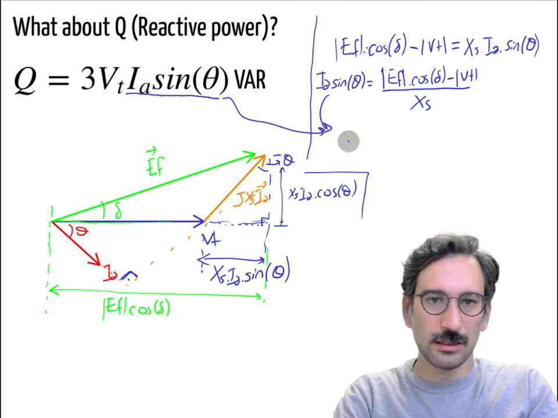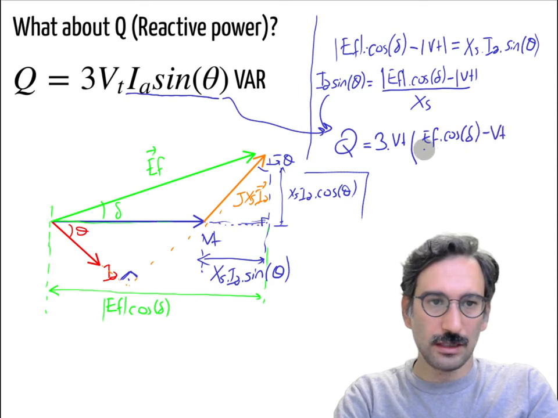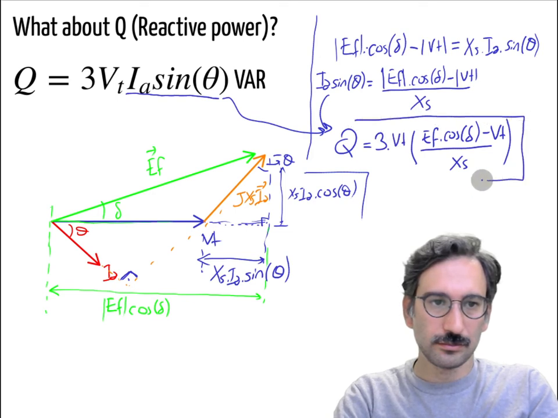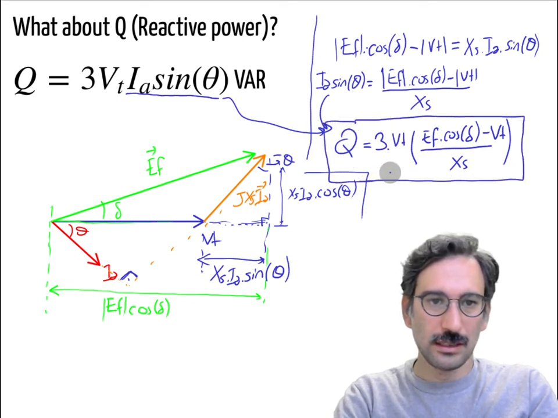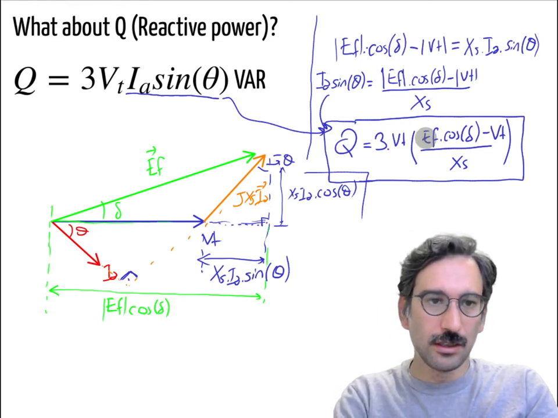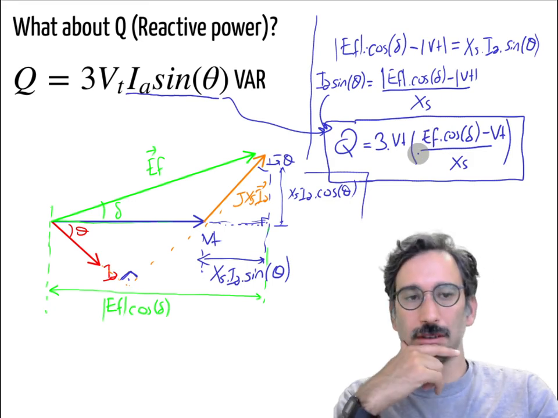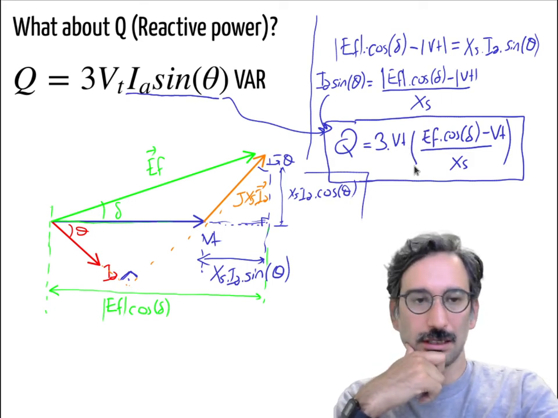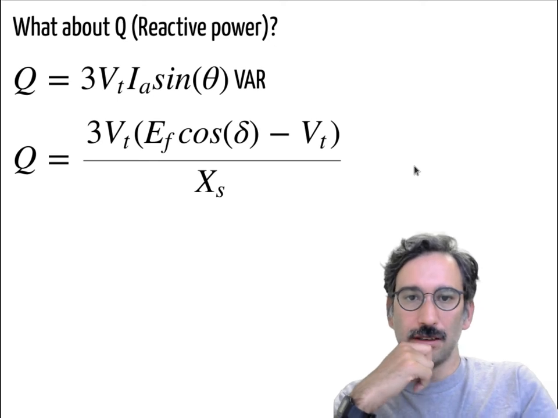Reactive power Q is equal to 3 times Vt times Ef cos delta minus Vt, divided by Xs. So that is the geometrical derivation for reactive power. That is how we derive it.